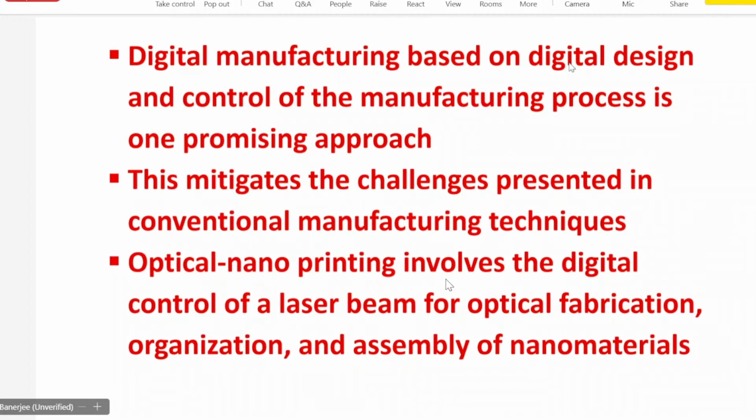Why optical? Because we use optics; laser is optics. So we use digital control of a laser beam, and then optical fabrication, organization of atoms, and assembly of nanoparticles. So we can do that. This is a possibility, and in the real sense, digital manufacturing.